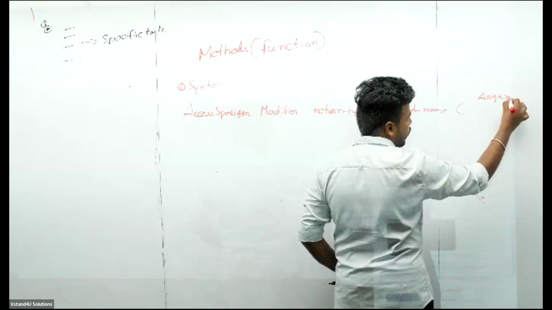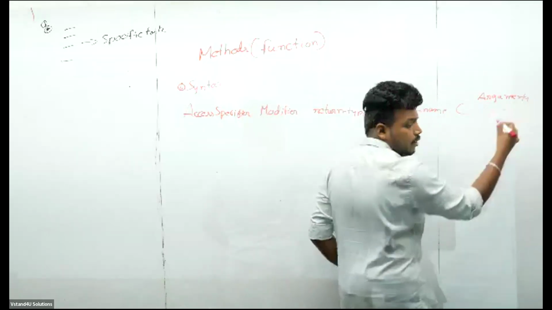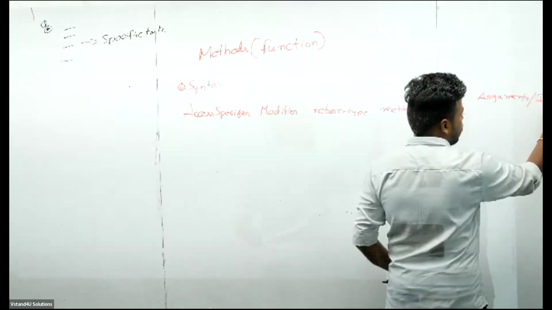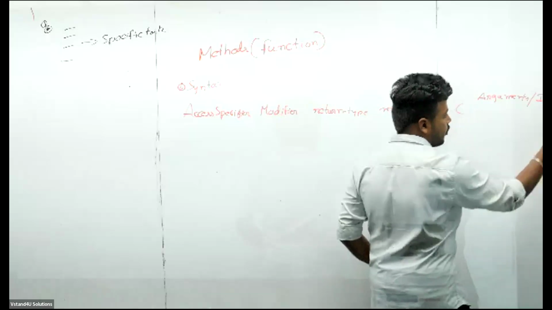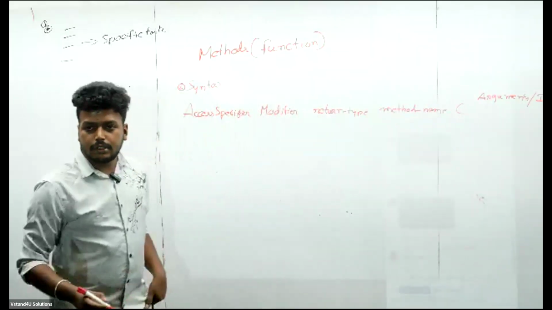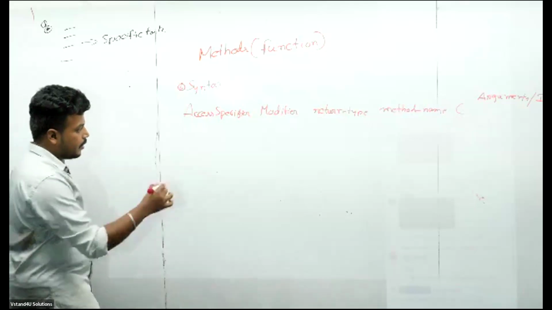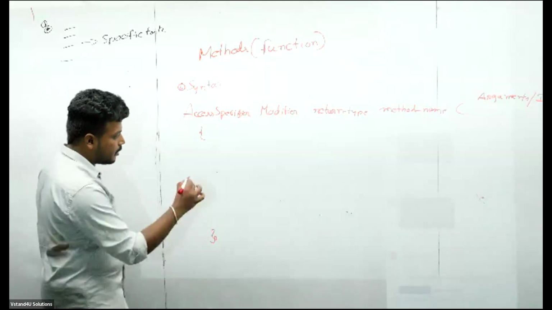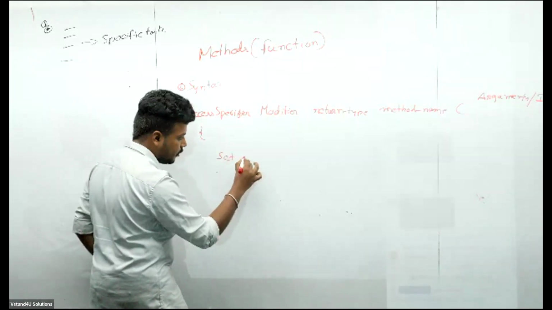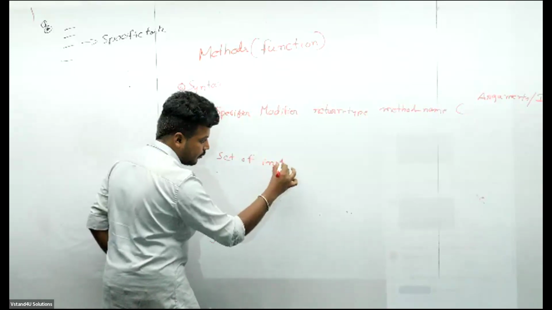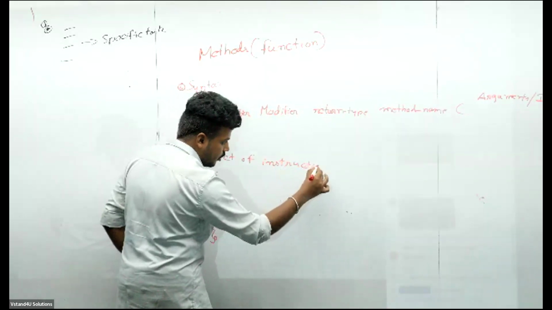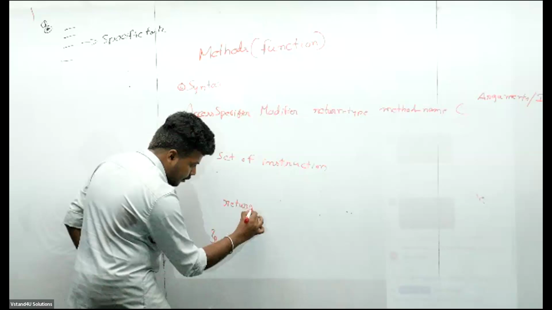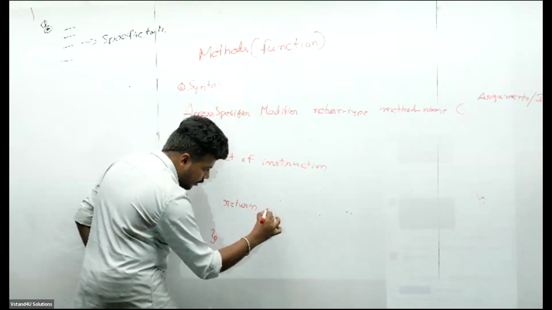Arguments are also known as parameters. Then open curly brace, flower bracket. We have some set of instructions, and here we have the return statement.